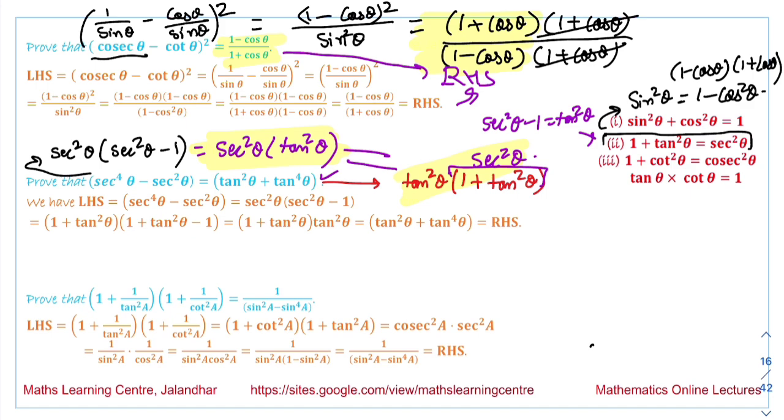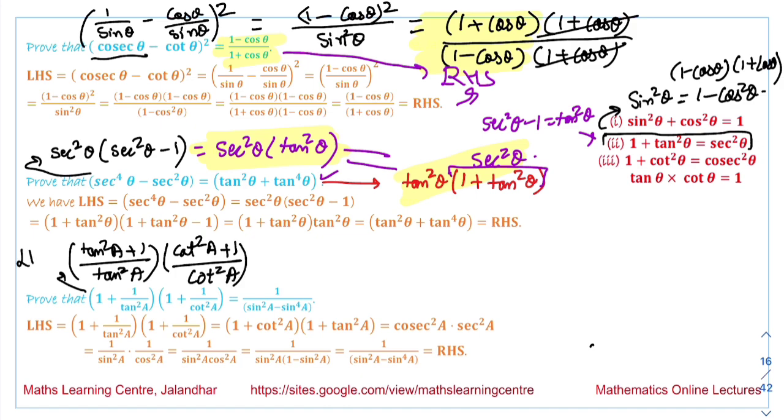Next we have 1 over tan square theta plus 1 over 1 plus cot square theta. If we take the LCM over here, we will get tan square A plus 1 over tan square A into cot square A plus 1 over cot square A. This is the left hand side we are seeing.